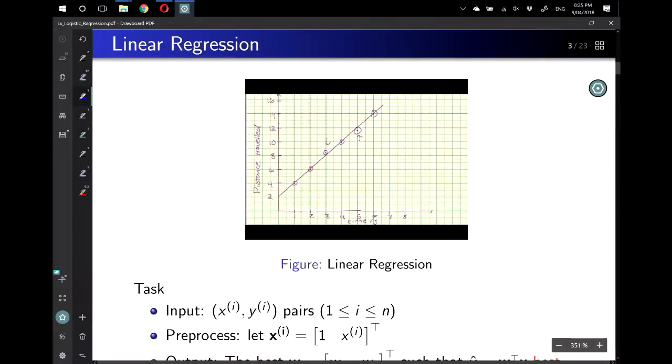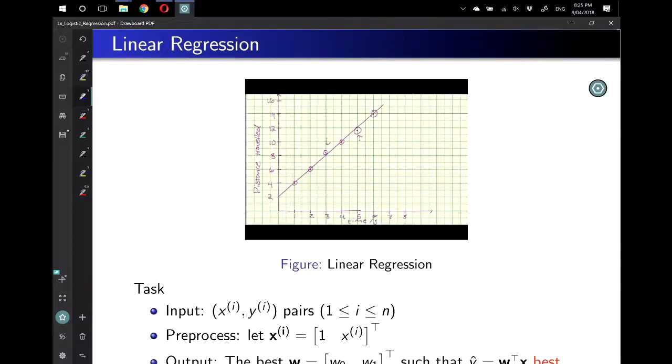As I said before, many classification problems are essentially trying to solve a regression problem, and we will spend some time looking at regression. Anybody who has done a physical experiment will have seen this kind of thing, where the physical law predicts that y, the outcome, is linearly correlated with your input x.